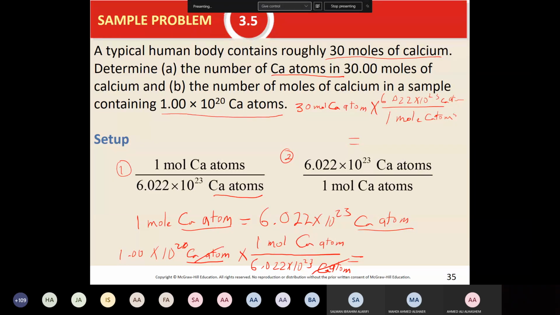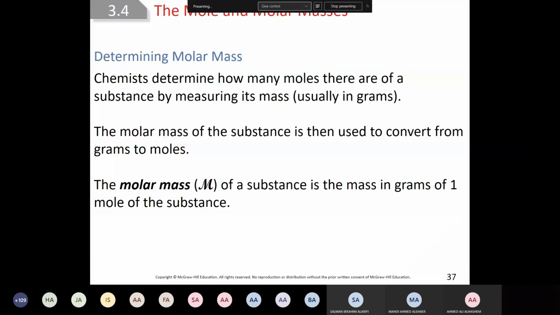The final answer will be in mole. You should get rid of units. That's why in the second one you use this fraction. Is this clear? I hope this is clear, and this is the answer for this one.